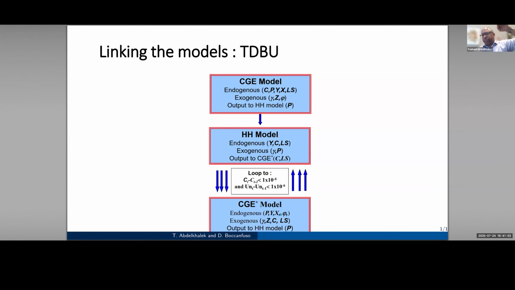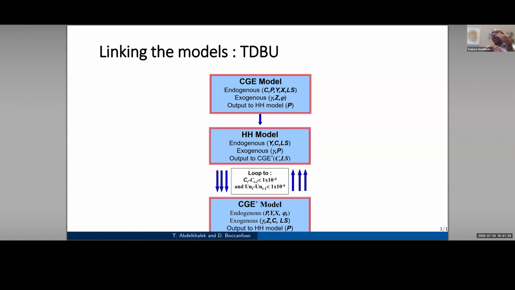After that, we look at the results on the CGE model after the reaction of the household level, go back to the household model, and iterate, with a criterion to stop when there is no modification of the situation. So the top-down, bottom-up approach tries to generalize the two approaches, but it's not fully integrated, it's separate.